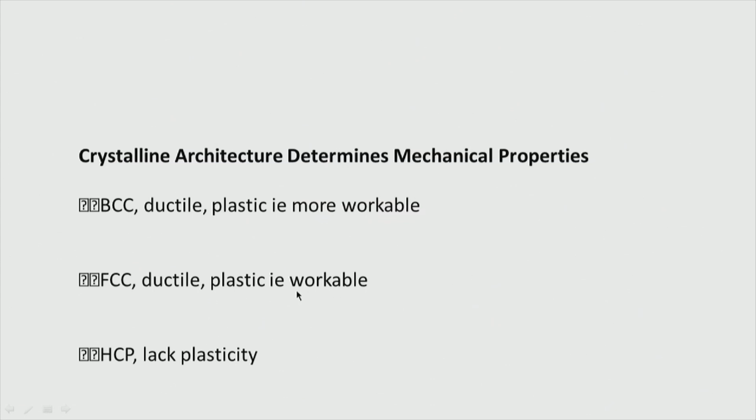So, it is not possible for you to work on that. Ideally a BCC is very, very ductile and plastic, so we can nicely work on it and get nice shapes of different kinds, okay. Whereas FCC is slightly more difficult and HCP, it is practically impossible to work on it, okay.